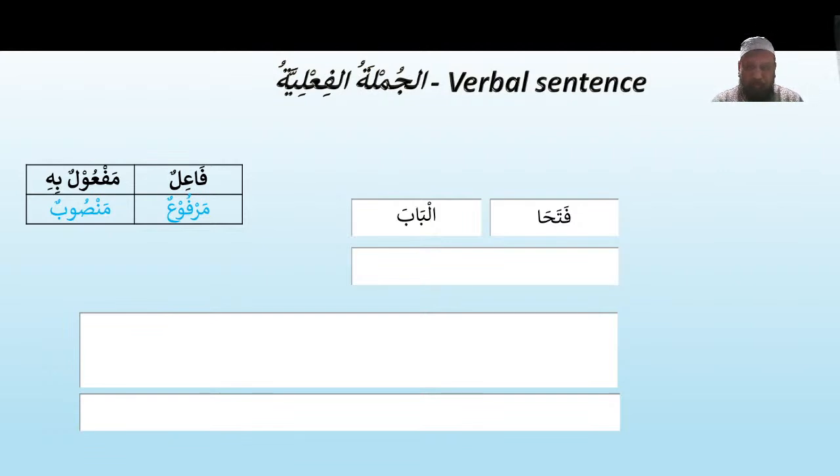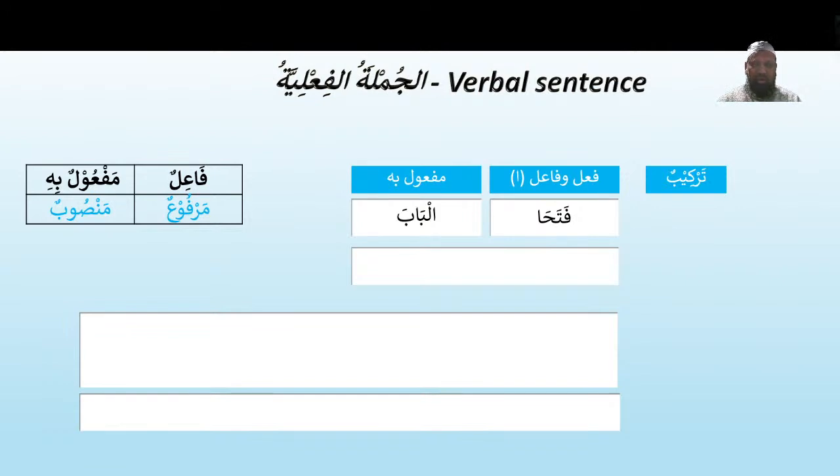And when you have a conversation, the context will tell you whether it is mufrad or al-muthanna. So, fatahal baba. Let's do the tarkib. Fi'l and fa'il, the alif is the fa'il, and al-bab is maf'ulun bihi. Let's translate: they both, male, opened the door.